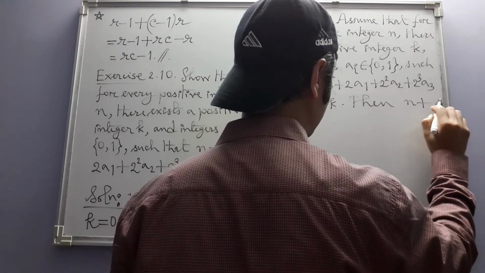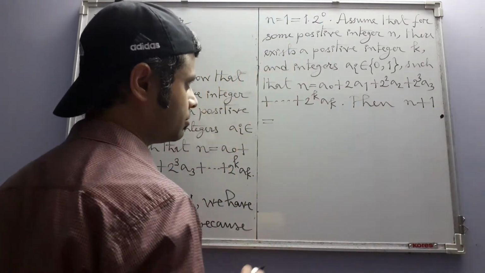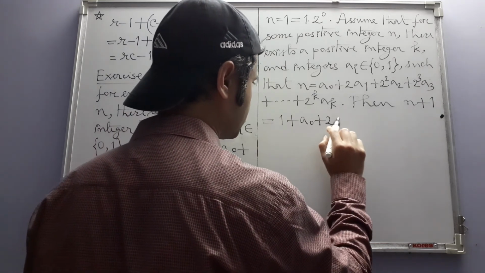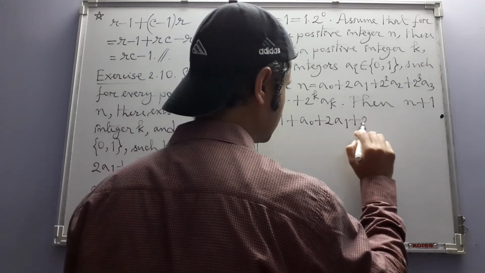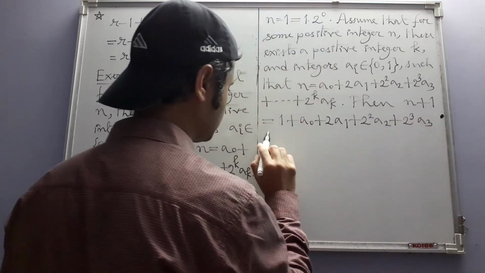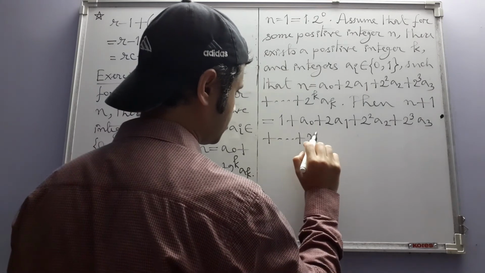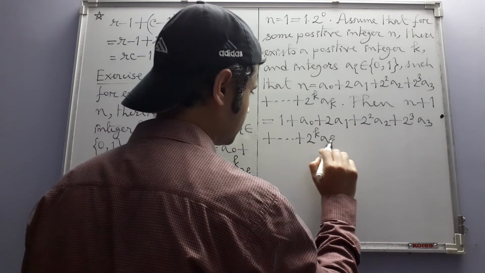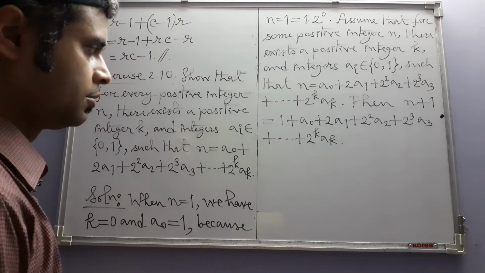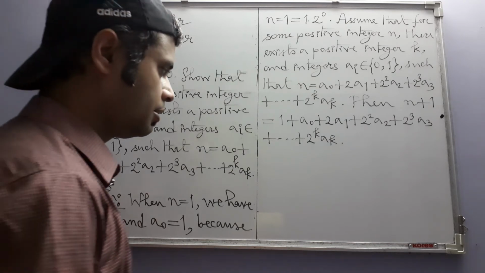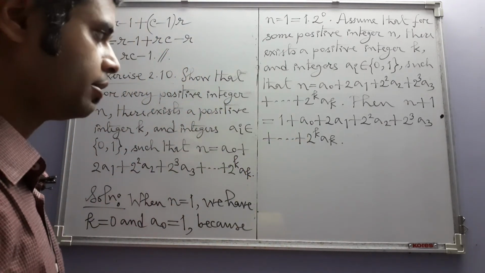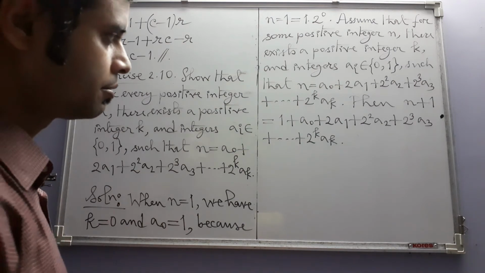Then n plus 1 is equal to, okay. Now if a0 is 0, then we are done. Why?